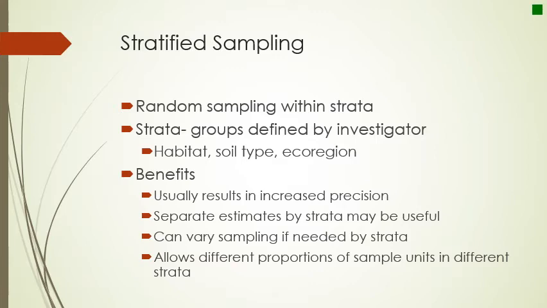If you know that there's greater variation in the variable that you're measuring in one strata than another, then a more efficient approach is to increase your sampling effort in those strata where your variation is higher, and that will lead to a decrease in the overall estimate of the variance around the parameter across the whole population.